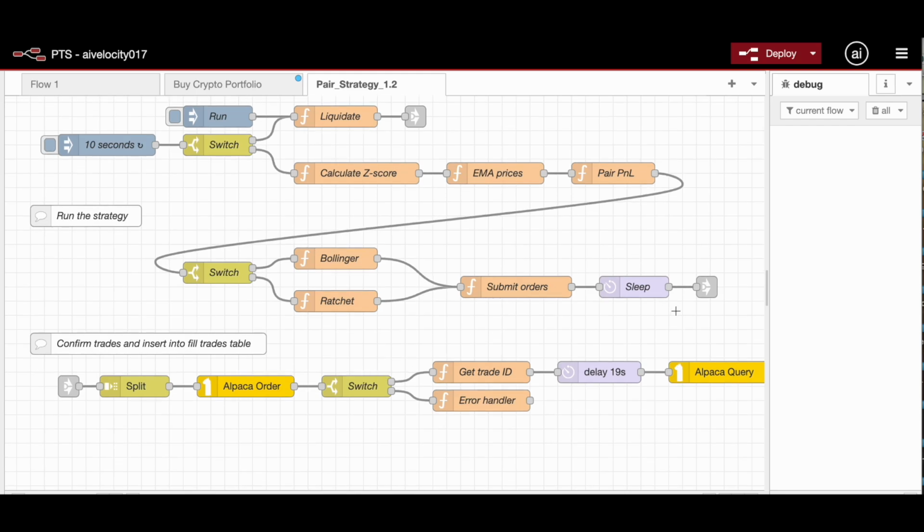And then in the flow below, this is where the trades are actually sent to Alpaca and confirmed. We get back an ID, and then store that.